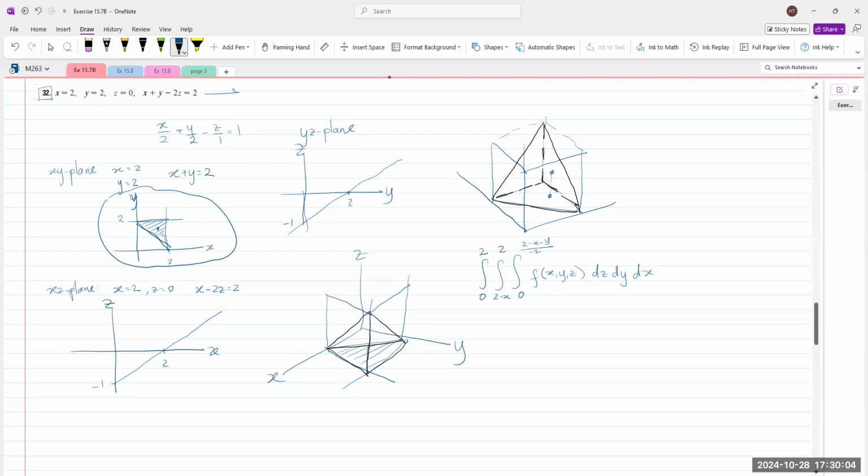If we solve for z here, I think I prefer to say this is (x plus y minus 2) over 2.